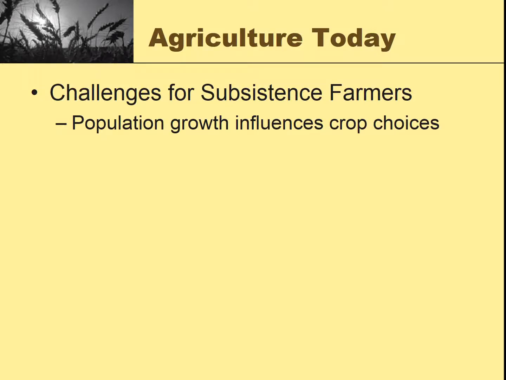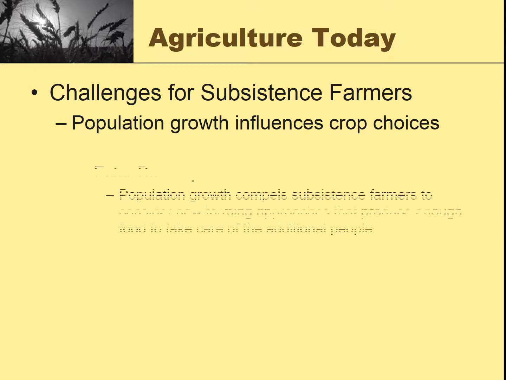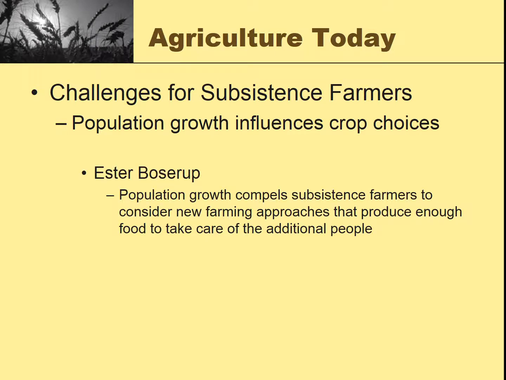Population growth in LDCs influences crop choices, as I said. And somebody in the geography world who's written extensively about this is a woman named Esther Boserup. And basically her argument says that population growth compels or forces subsistence farmers to consider new farming approaches that produce enough food to take care of the additional people that we see through population growth.